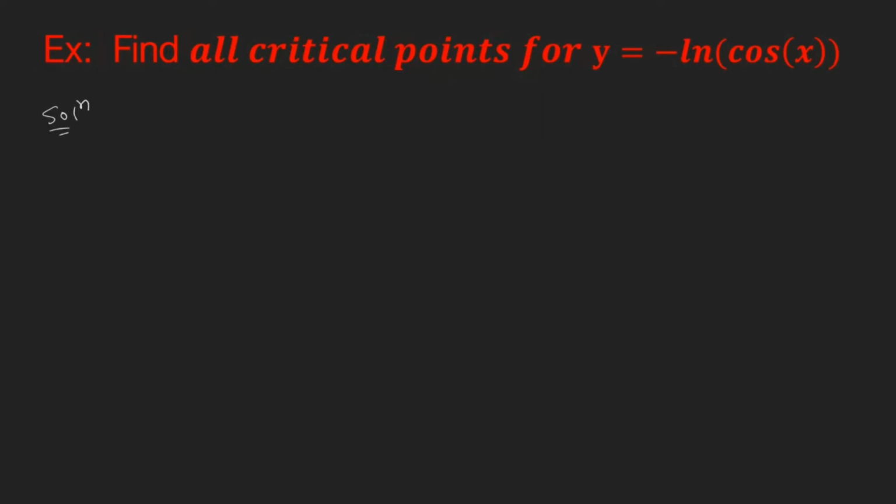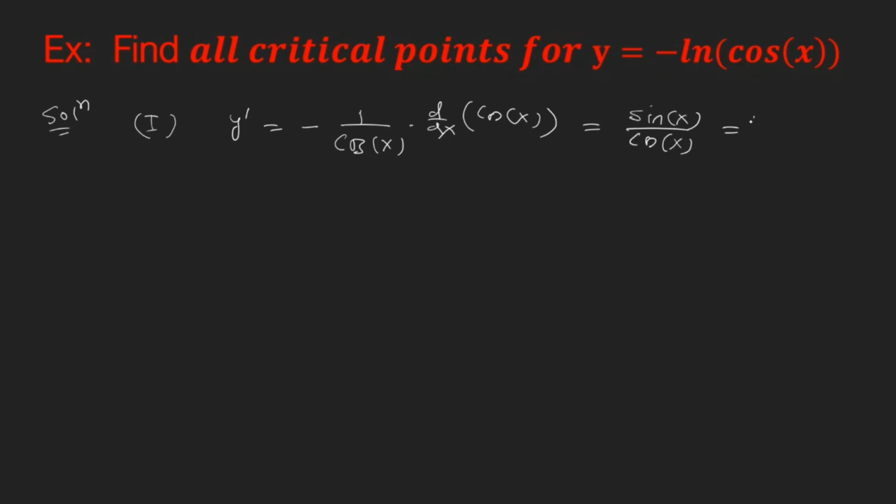Solution: y dash is equal to minus 1 over cosine x times the derivative of cosine x, which is equal to sin x over cosine x, which is equal to tan x.